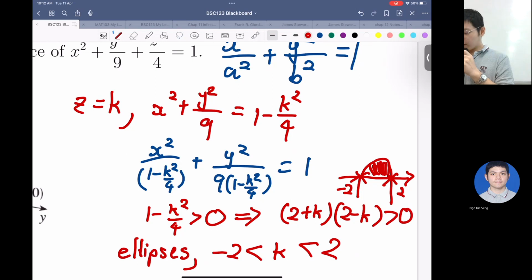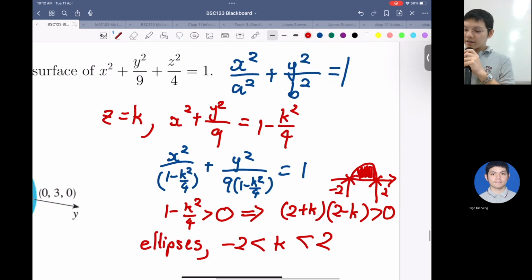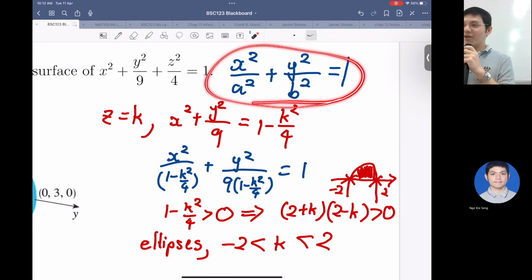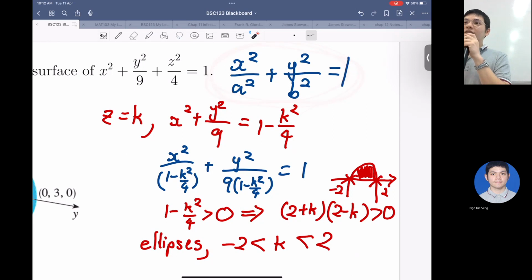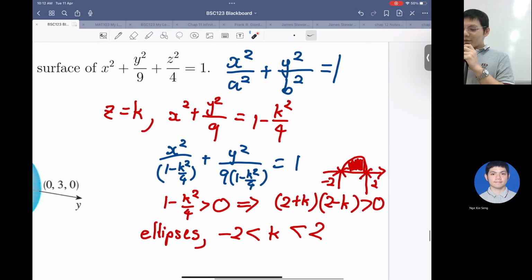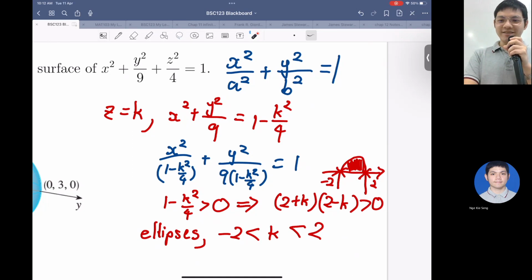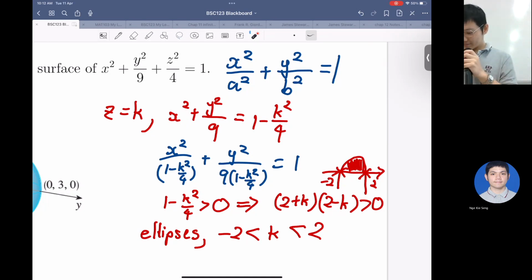So your k has to live between minus 2 and 2. The idea here is you need to know the basic equation. Haven't memorized yet? Never mind, just bring the formula sheet beside you when you do the exercise. Memorize first, this is what the other lecturers say.